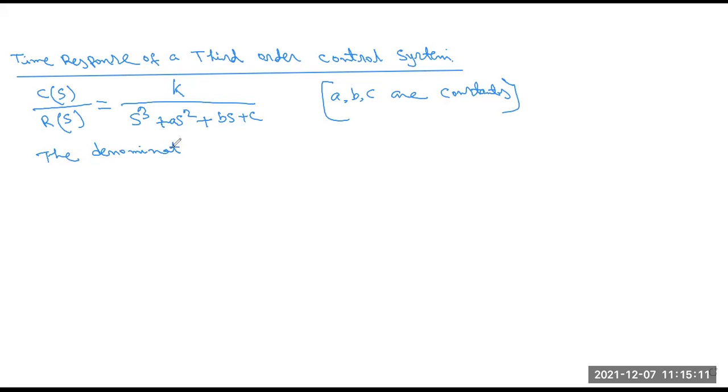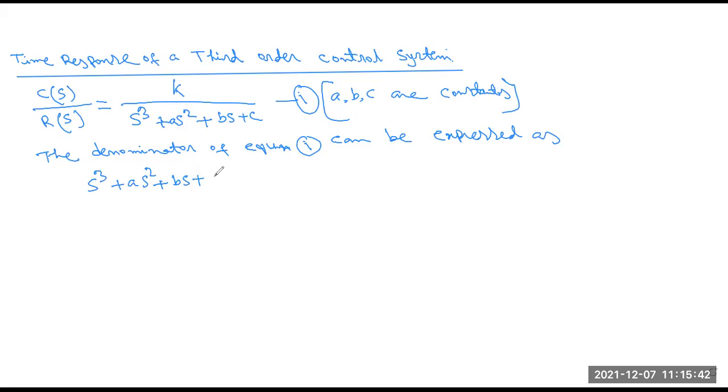The denominator of equation 1 can be expressed as S cube plus A S square plus B S plus C equals S plus D, times S square plus B1 S plus C1.